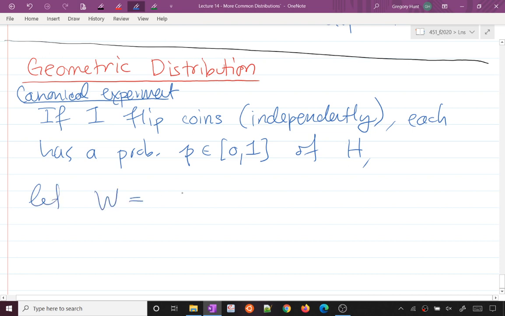Let W be the waiting time until I get a heads.